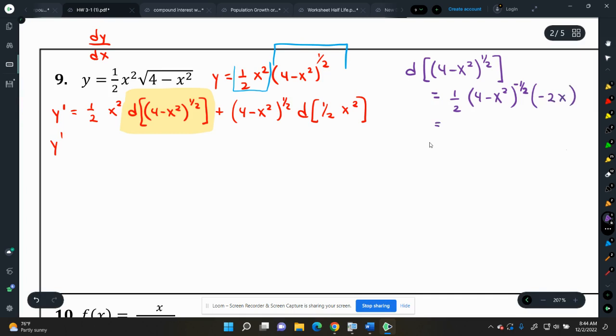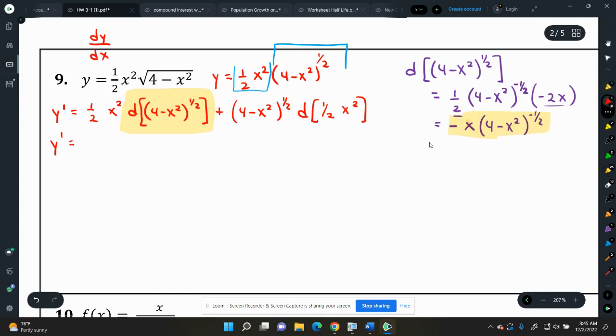Okay, so I'm going to multiply these numbers together. Negative 2x and 1/2 gives me negative x times 4 minus x squared to the negative 1/2. How are we doing? Okay, so that goes with that. We're going to rewrite that over here.